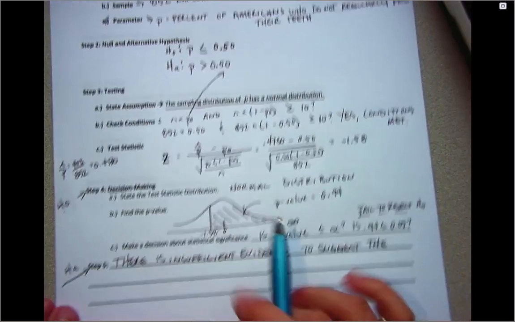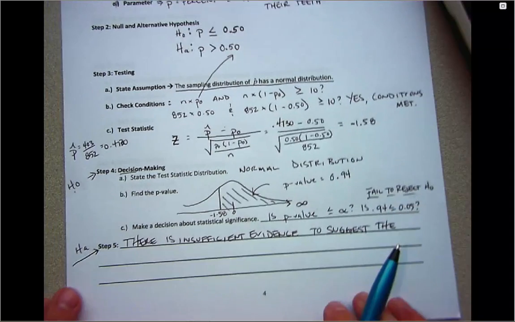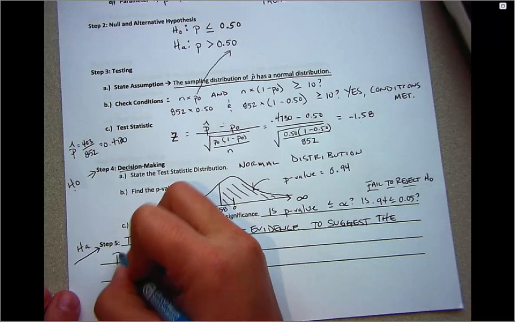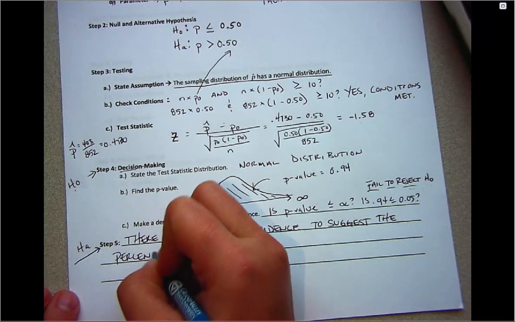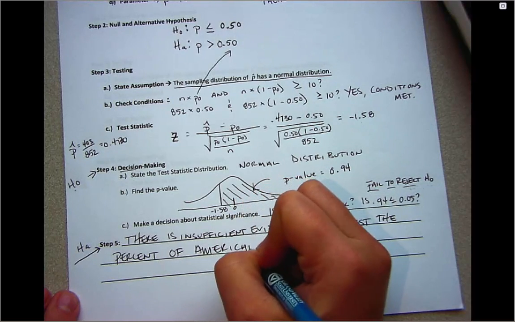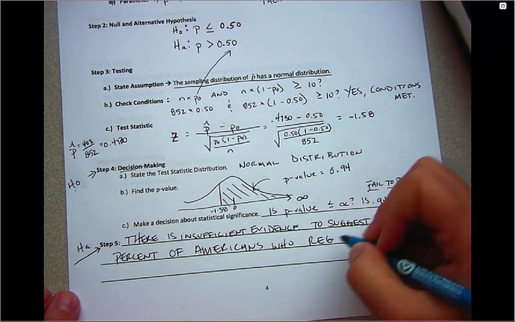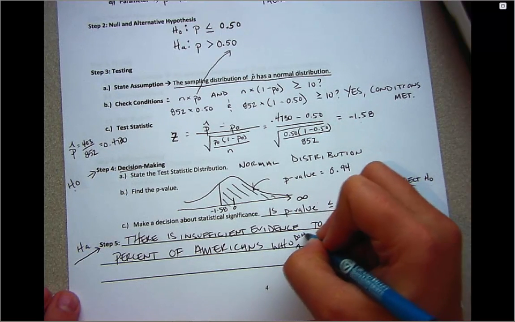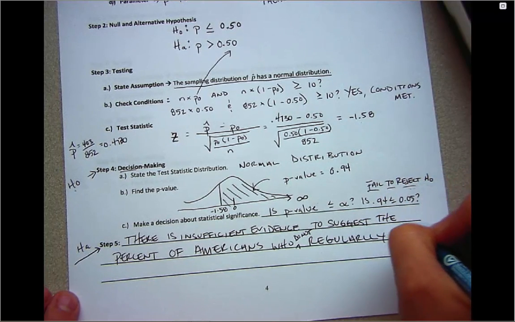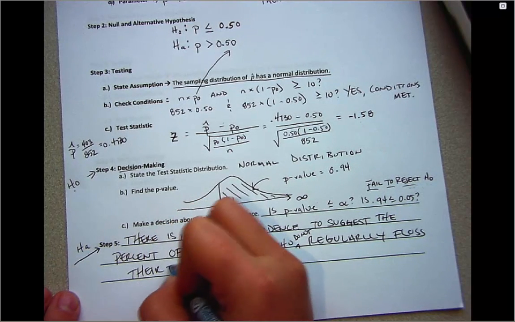So we had defined P as percent of Americans who do not regularly floss their teeth. So we're going to say there's insufficient evidence to suggest the percent of Americans who do not regularly floss their teeth.